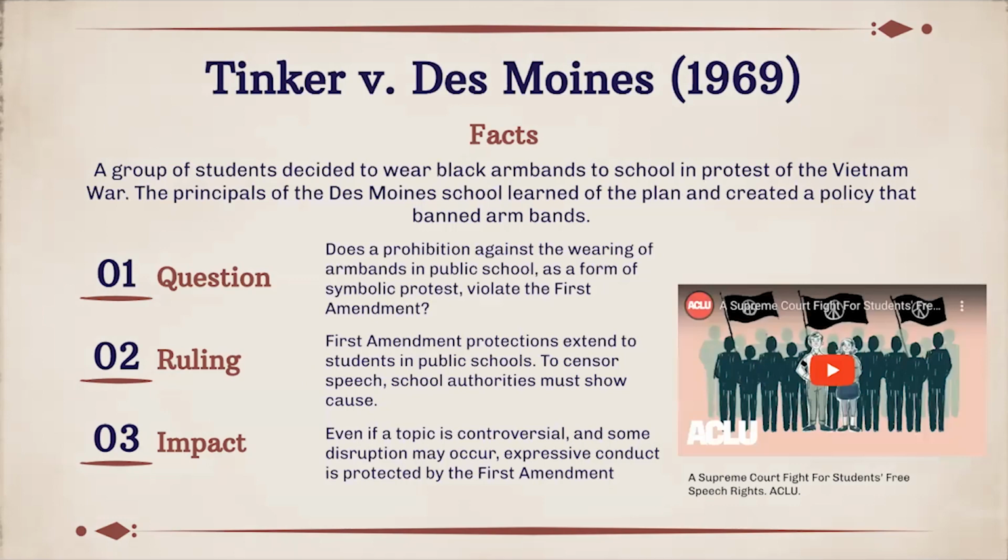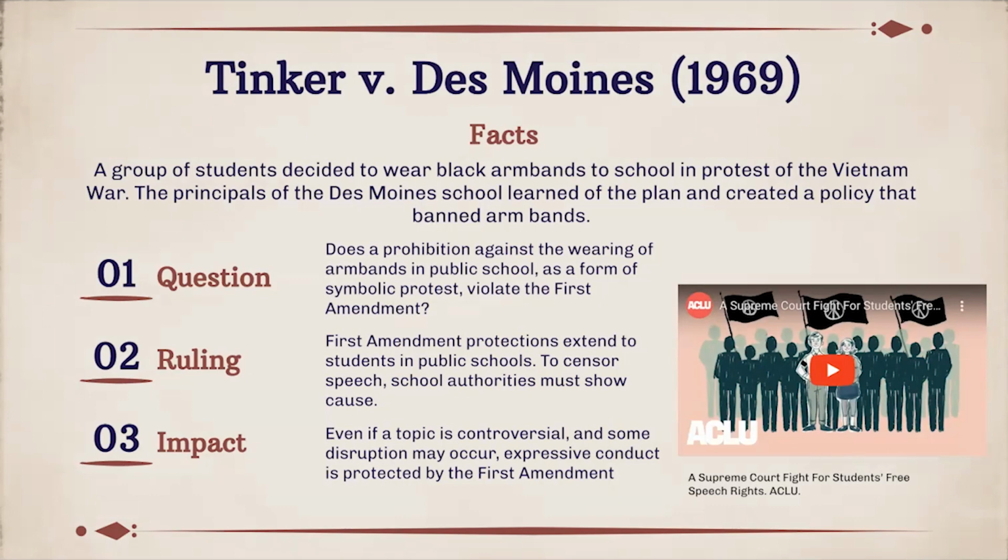And the last case we will be talking about is Tinker v. Des Moines from 1969. A group of students in 1965 decided that they would wear black armbands in a public showing of their support for a truce of the Vietnam War. Somehow the principals of their school found out about this plan.